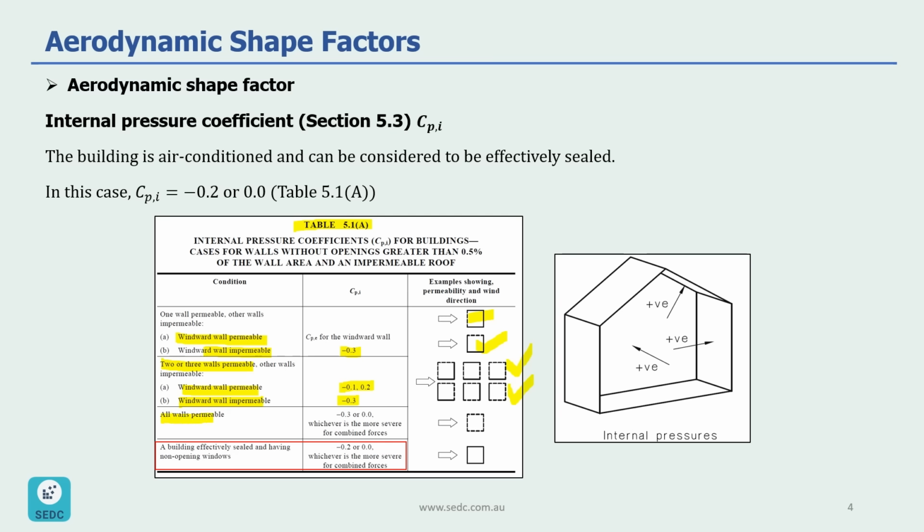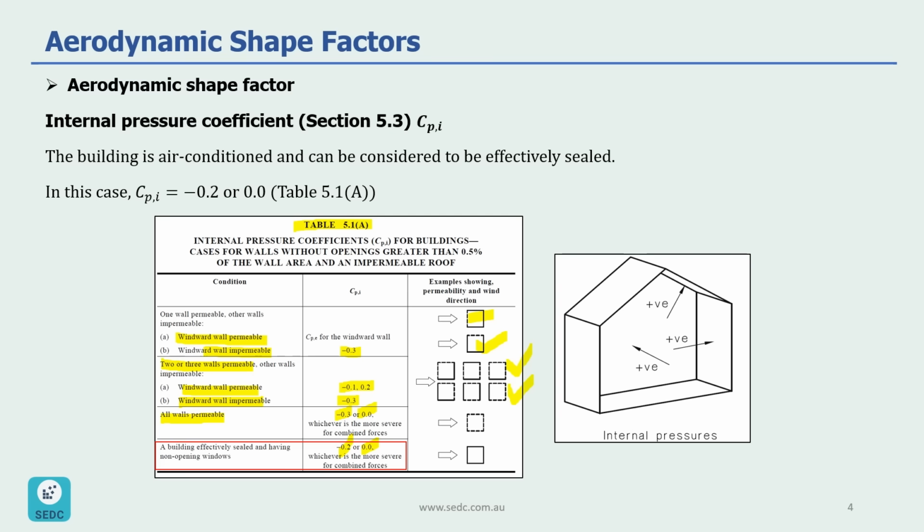If we have all the walls permeable, then the value of CPI would be negative 0.3 or 0, whichever is more severe for combined forces. And our case is, because it's air conditioned, we can consider it effectively sealed. So our CPI would be either negative 0.2 or 0, whichever is more severe for combined forces. When we say combined forces, it means the combination of internal and external wind pressures.